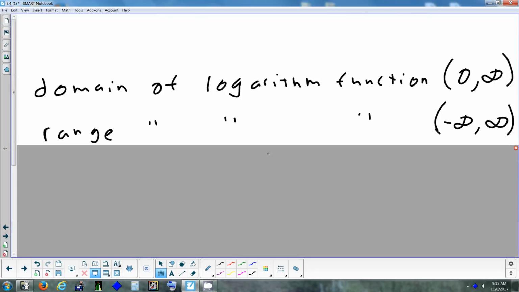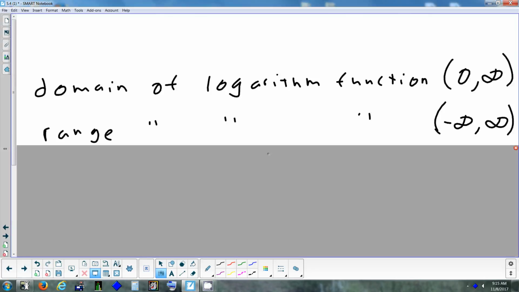So if we go back and look at the graph I showed you, the domain is 0 to infinity. You can take the log of any positive number. In the range, well, if we go back and look at the log graph, it went up and down forever. It didn't go up very fast, but it will go up forever. So the domain of your log function is 0 to infinity.